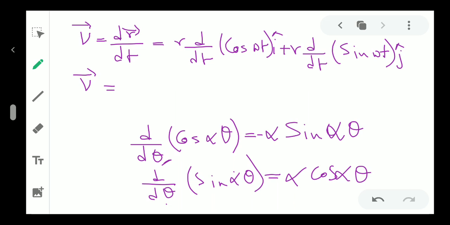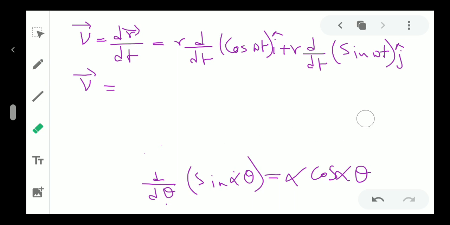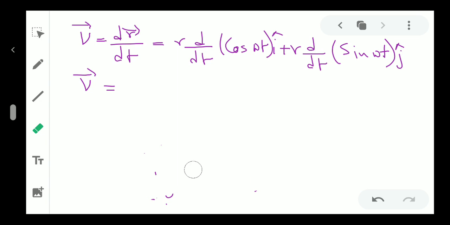So we can use this knowledge of differentiation here. My omega is a constant because omega does not depend on t, because I have already assumed that this is a uniform circular motion.